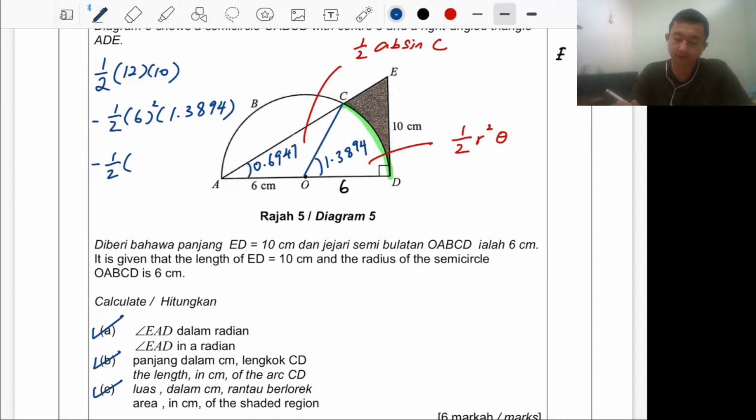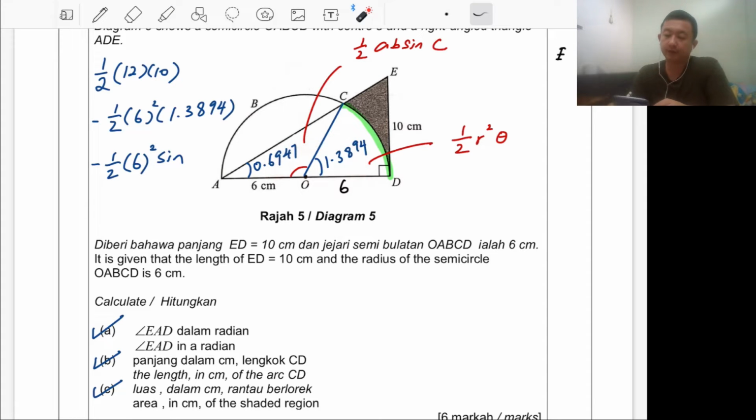So you have 6, and b also 6, so 6 squared. Sine C, you have to figure out this part. So the radian here is 180 minus this. So pi minus 1.3894. In terms of radian, it should be 1.75.